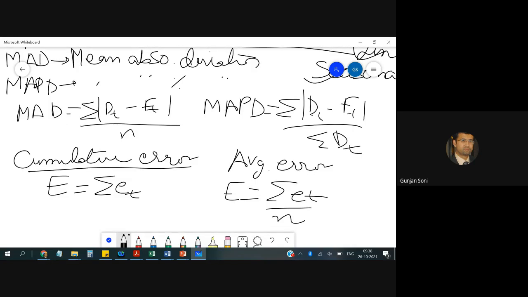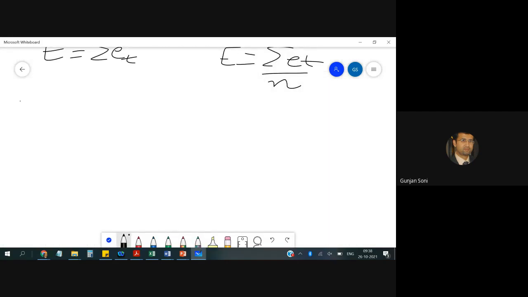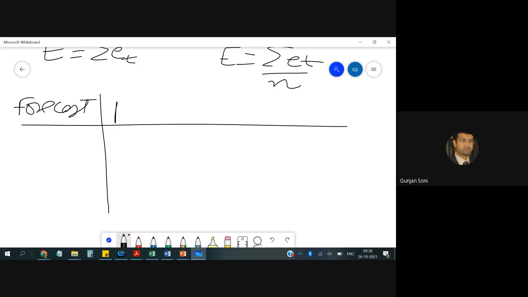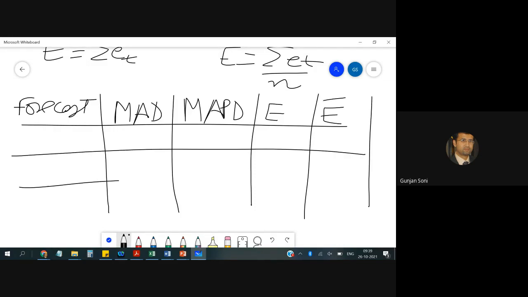Okay, so now this is the assignment which I'm specifying. So type of technique I'm writing here, and then you're going to calculate MAD, you're going to calculate MAPD, then you're going to calculate cumulative error, then you're going to calculate average error for 3 techniques, 4 we'll say.